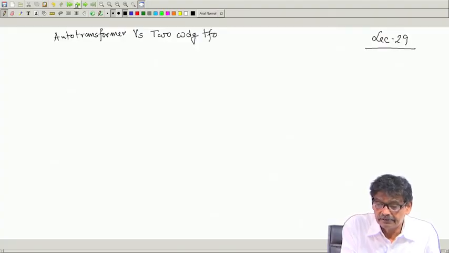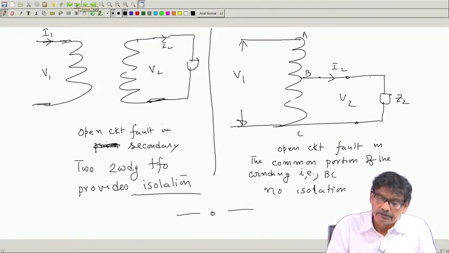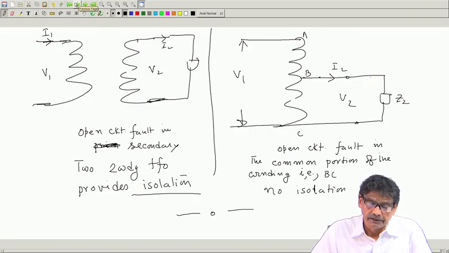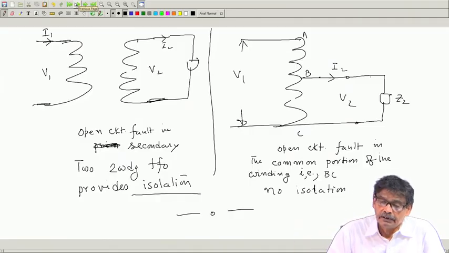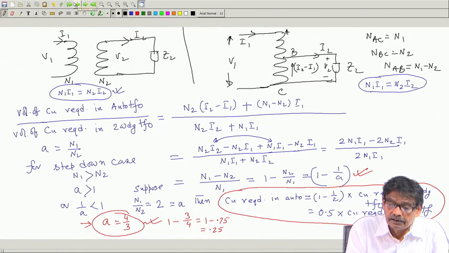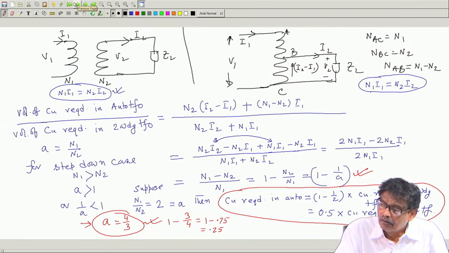Recall in the last class I told you, if you want to transfer a certain amount of kVA from the primary source side to the load side at two fixed voltage levels V 1, V 2, you can do that by using either a two winding transformer or also by an auto transformer.